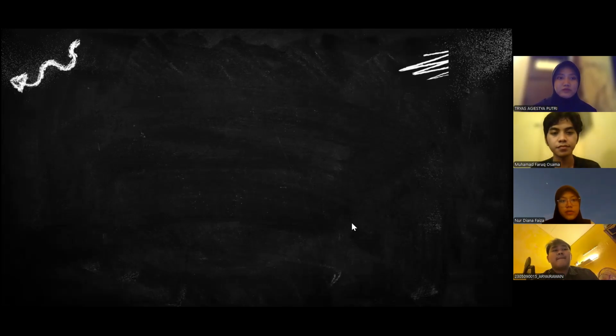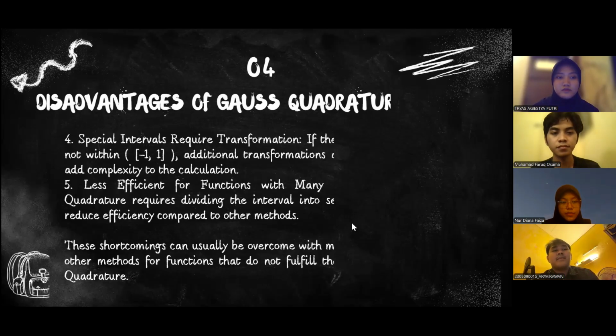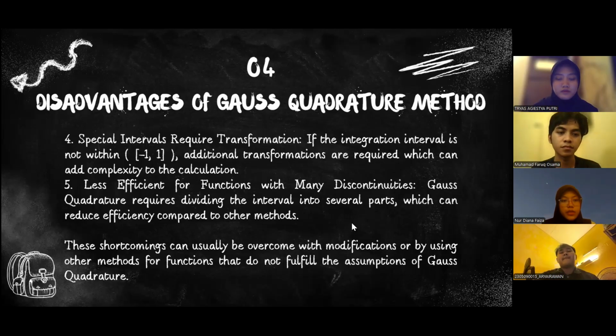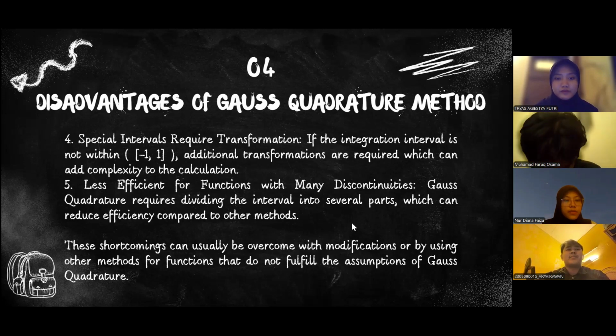Next, fourth, special interval requires transformation. If the integration interval is not within -1 to 1, additional transformations are required, which can add complexity to the calculation. Fifth, less efficient for functions with many discontinuities.